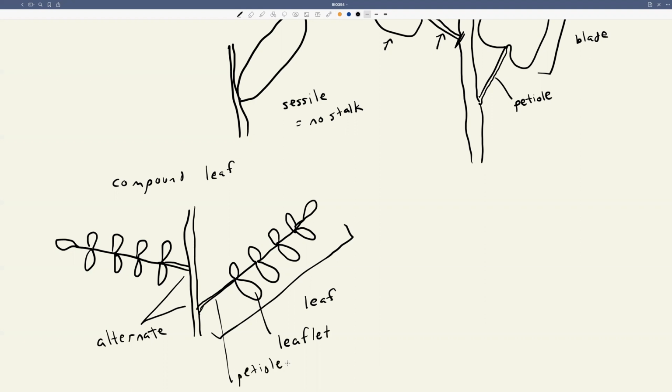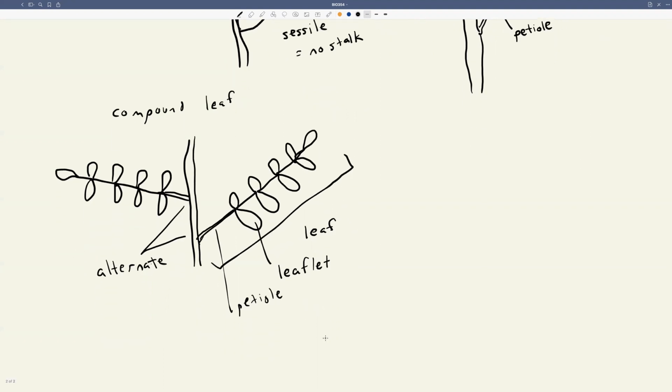So here's a good example of why it's important to be able to describe the right organ at the right place on this plant. You get really thrown if you had the wrong impression of what a leaf was, or what part you were looking at for phyllotaxis. And a question that often comes up, how do I know the difference between a compound leaf and say a side shoot.